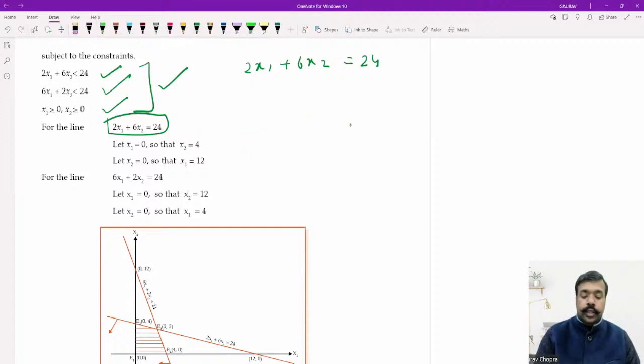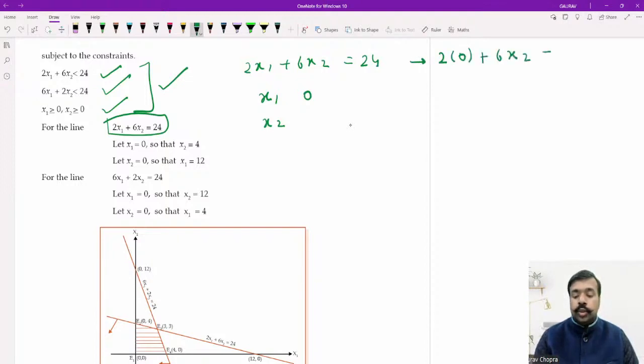Let's write x1 and x2. If x1 is, let's say, 0, then x2 will become how much? 2 into 0 plus 6x2 equal to 24.